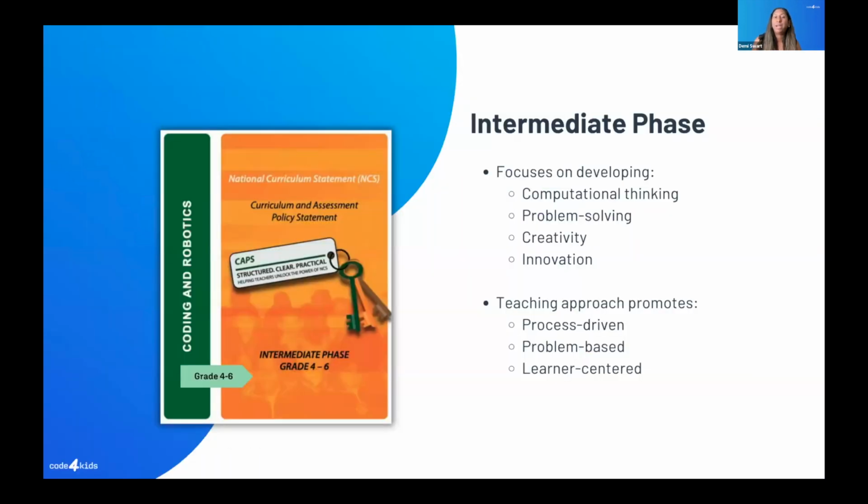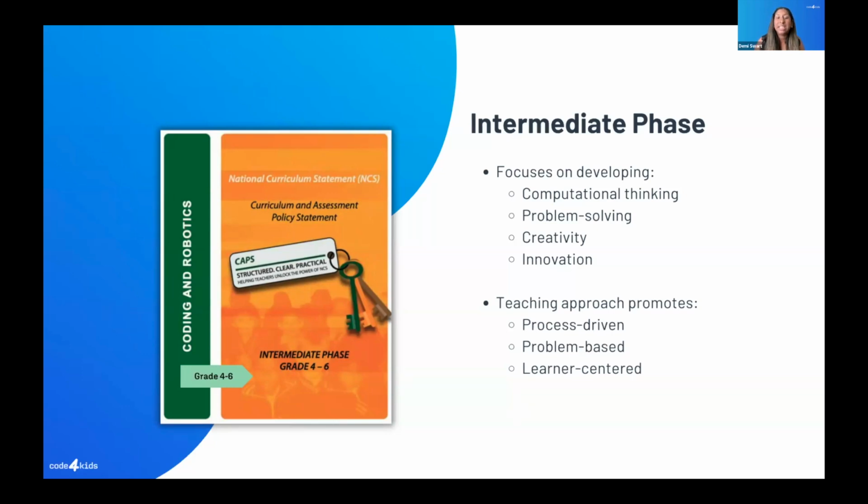If we look a little deeper into the intermediate phase CAPS document, we see that the curriculum is designed to be interdisciplinary, integrating components from science, technology, engineering, arts, and mathematics, your STEAM subjects. It focuses on developing computational thinking, problem solving, creativity, and innovation in students, preparing them for the fourth and fifth industrial revolutions.